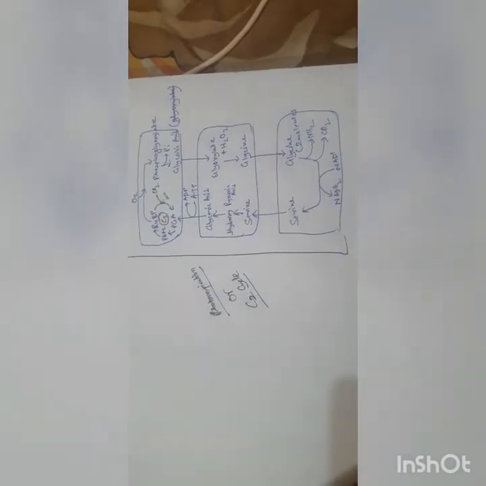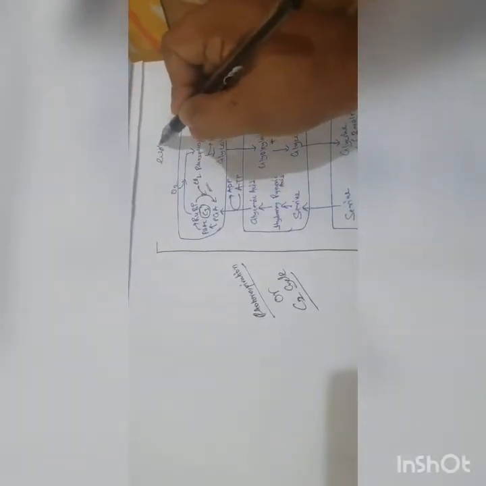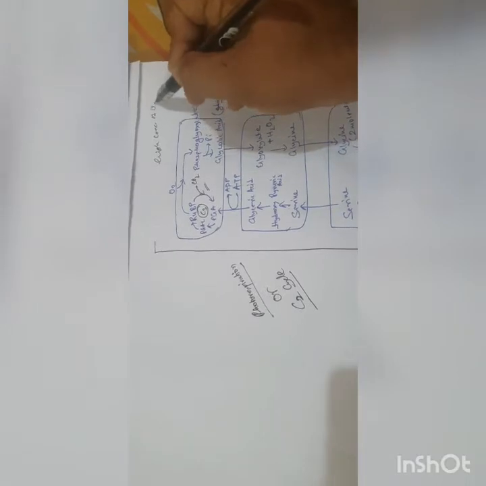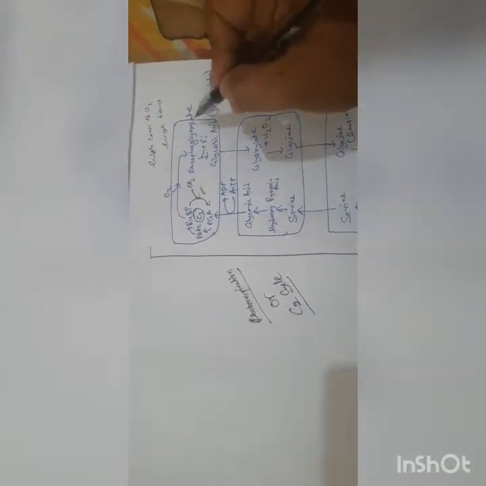Now, talking about the photorespiration, this is the cycle we have to understand. See, RuBP in the presence of high concentration of oxygen and high temperature. What actually is happening in the chloroplast? This is the chloroplast.